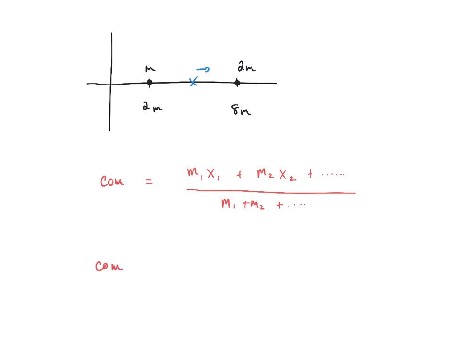So the center of mass is really the summation of all the mx's where i goes from 1 to k, over the sum of all the masses. So m1 x1, m2 x2, m3 x3, however many masses we have.